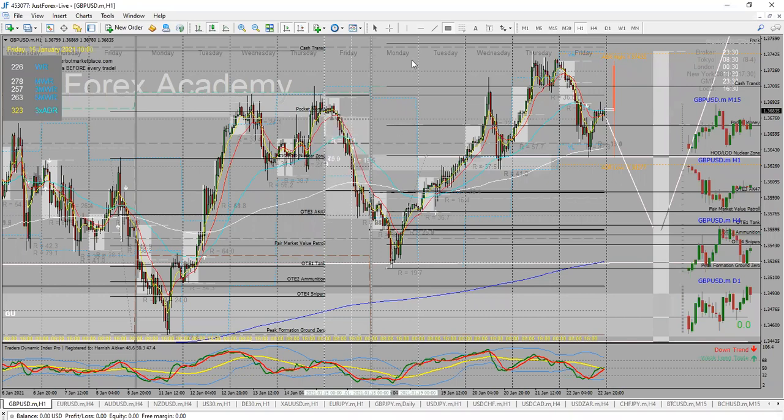Then the second candle is on Monday of the previous week, and this is the high of Monday. Then the third candle is this one, its low and its high. That's why I put in my rectangle box.